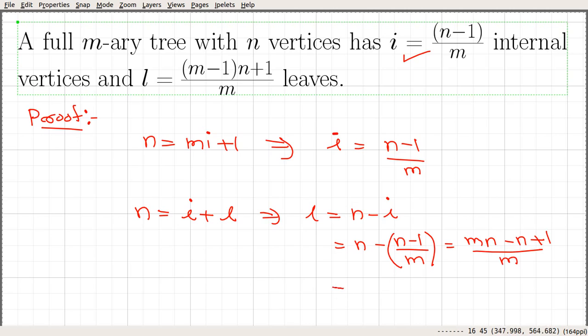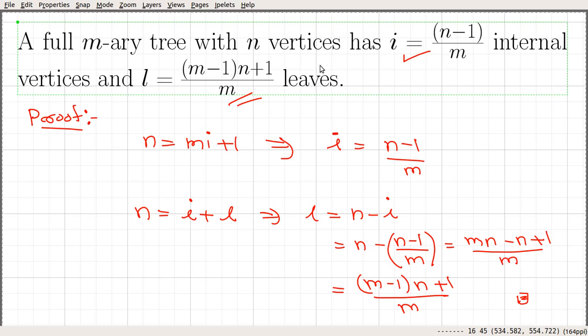Taking the common factor n, we get ((m minus 1) times n plus 1) divided by m. So we proved this also. If you know the number of vertices in a full m-ary tree, then we can find the total number of internal nodes and the leaves using these two equations.